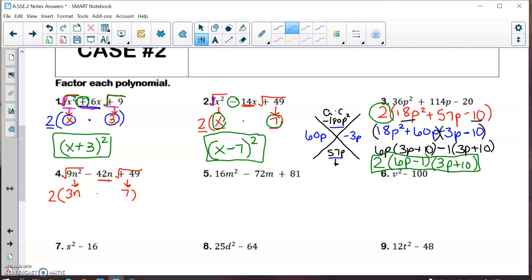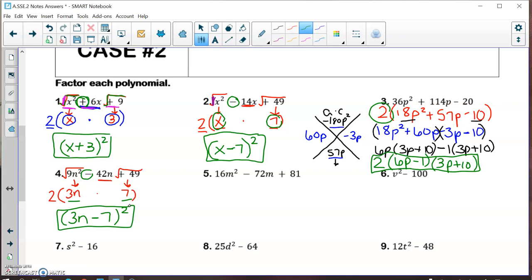So this is a perfect square trinomial, which means we take the square root of our first term, which was 3n, and the square root of our last term, which was 7. Let me rewrite that 7. And we take the operation in between my first and second term, which is a minus sign, and we square that binomial. Now again, we could have used the x method on this, but it was a lot quicker to use the perfect square trinomial shortcut.